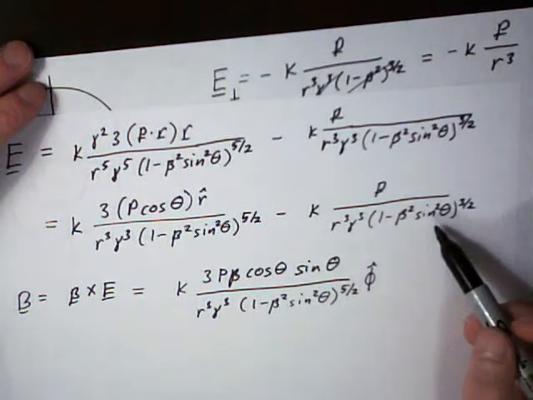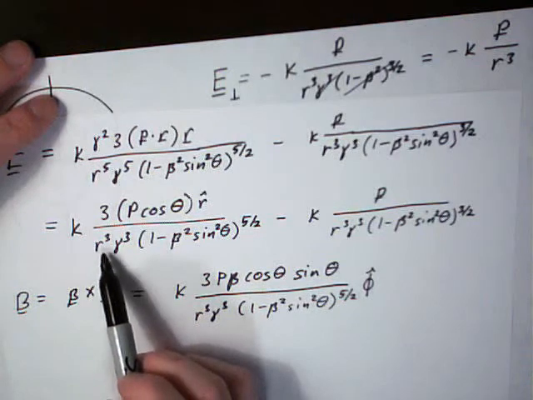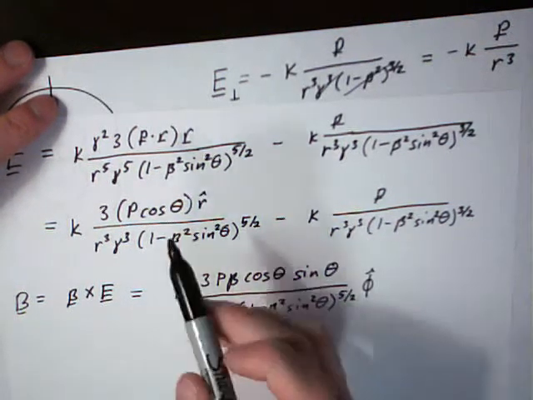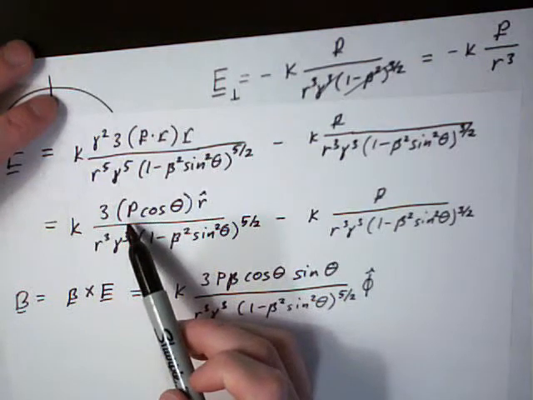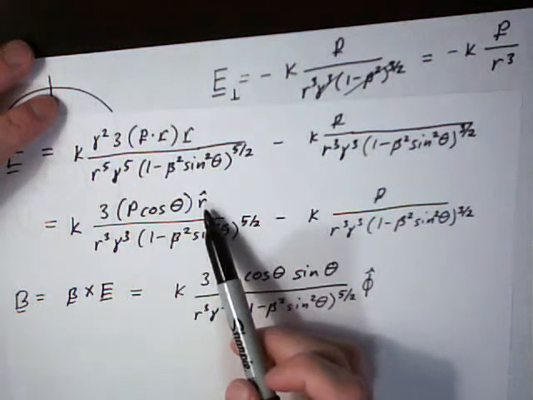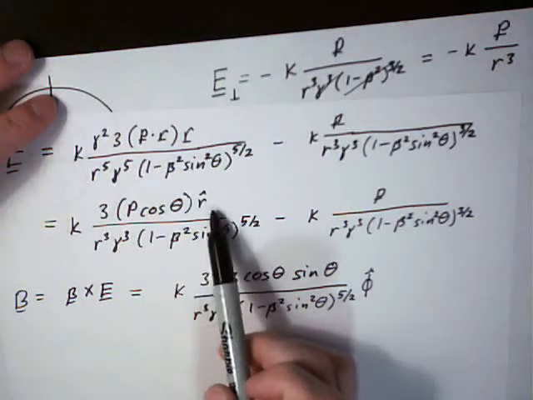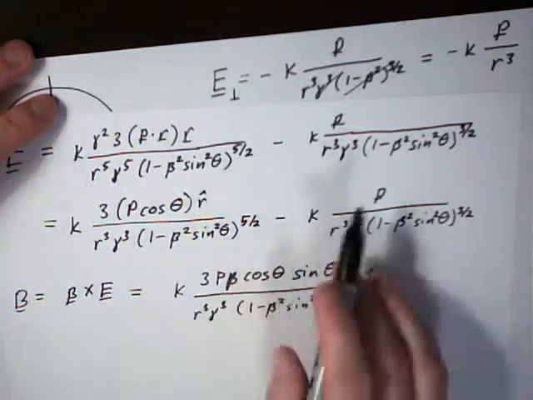And same thing for over here, so I get a r cubed gamma cubed on the bottom of both of these. And I also want to notice that P is parallel to r hat here. So I basically just have the vector P here, and I can factor that out from both of those two.